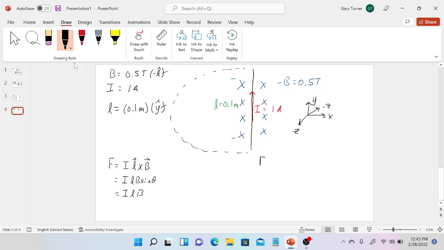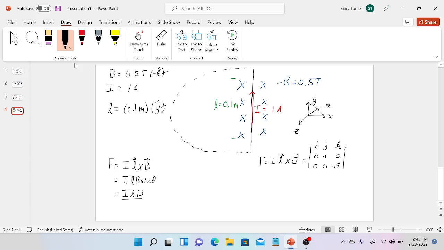Or you can use the determinant of the cross product. And in this case, L would be 0, 0.1, 0, and B would be 0, 0, negative 0.5. Okay. And so you can either do the determinant method that we did the other day, or you can do this.